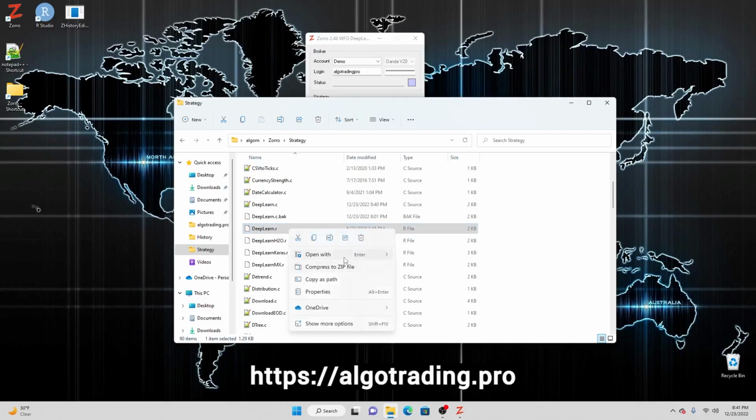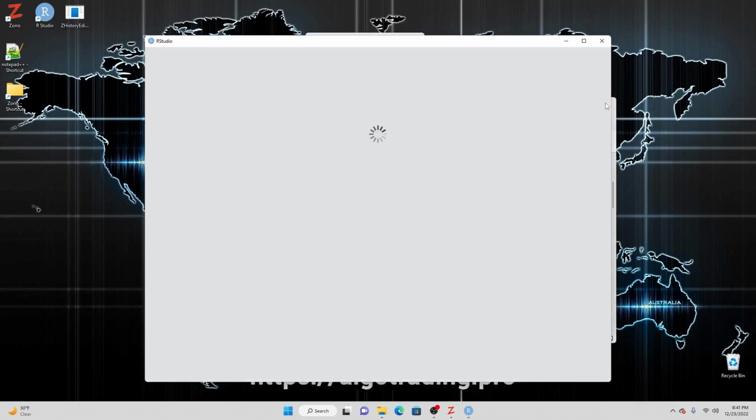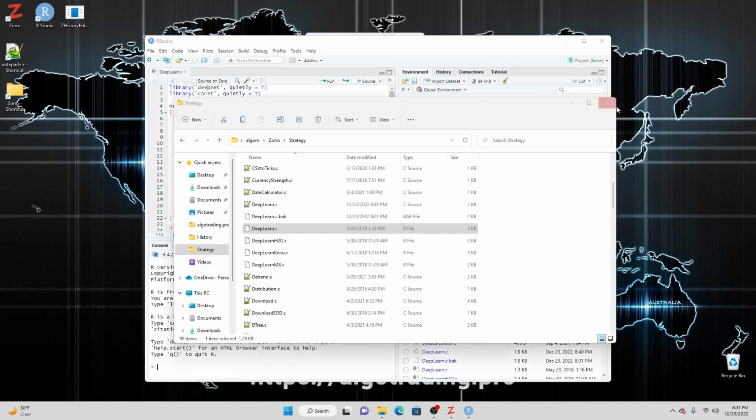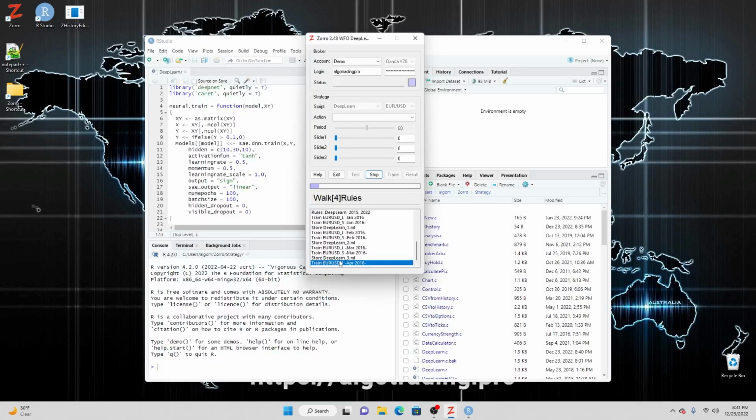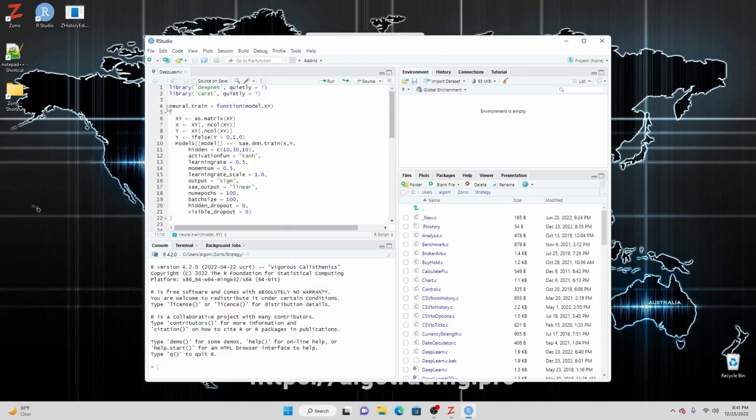So let's open this again in RStudio. This is the script that is running now, and Zorro is sending data to R and receiving data from R, and it's training the neural network. What neural network? Well, this one.